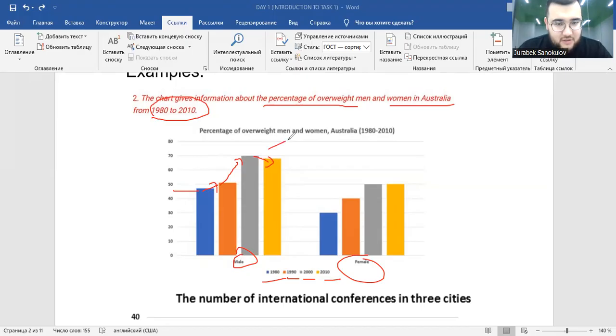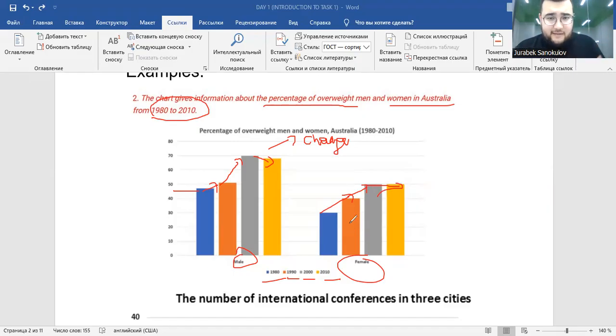So this is a change. And the same thing is happening with women. The figure rose again, but then it leveled off. It didn't change. It remained stable.